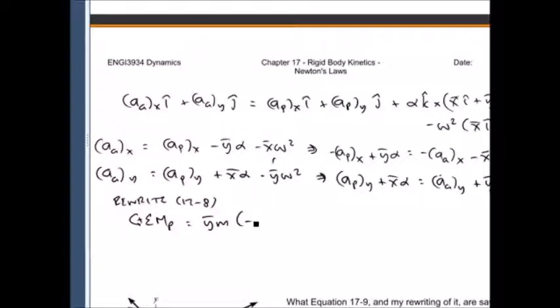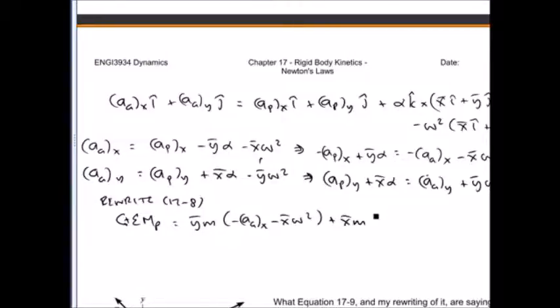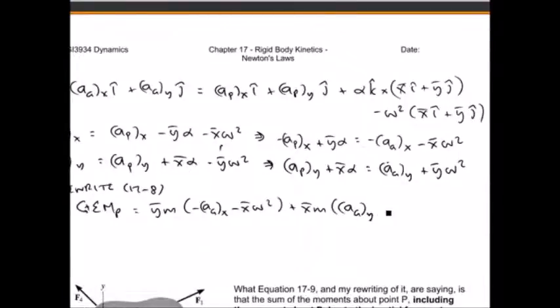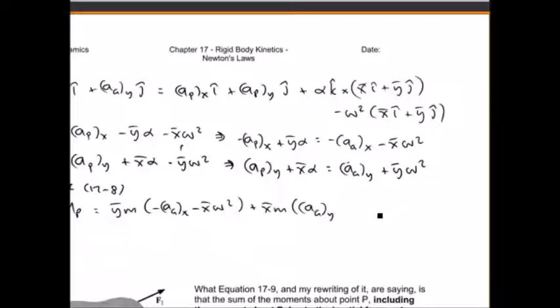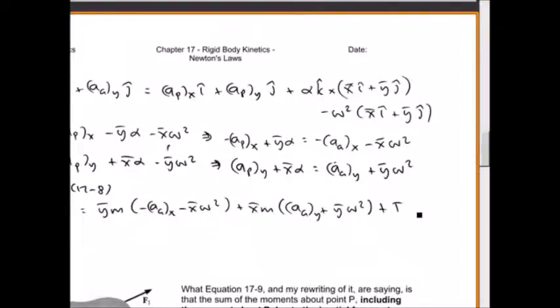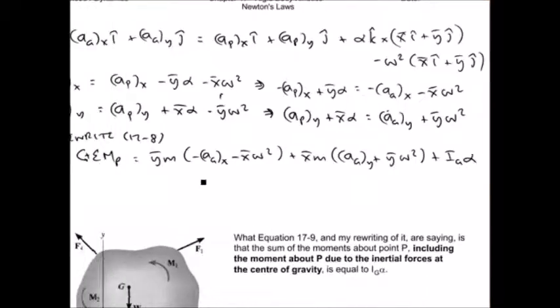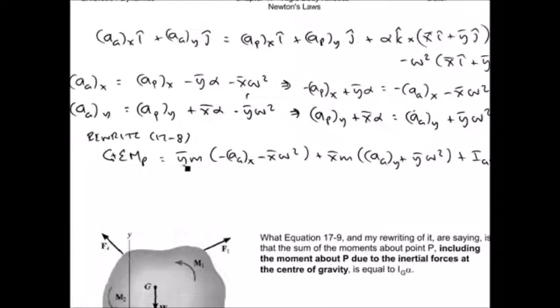Sum of the moments about P equals y bar m outside of minus a_gx minus x bar omega squared plus x bar m outside of a_gy plus y bar omega squared plus I_G alpha.